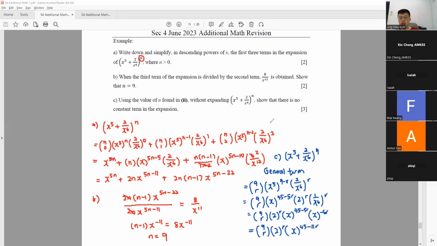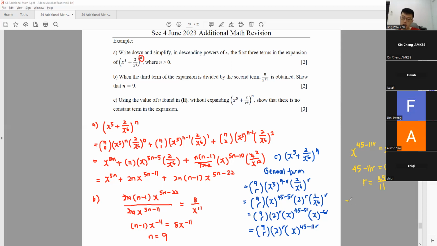So we assume that the constant term appears. Constant term means x to the power of 0. Okay, so my x to the power of 45 minus 11r is equal to x to the power of 0. So 45 minus 11r equals 0. r will be equal to 45 over 11.